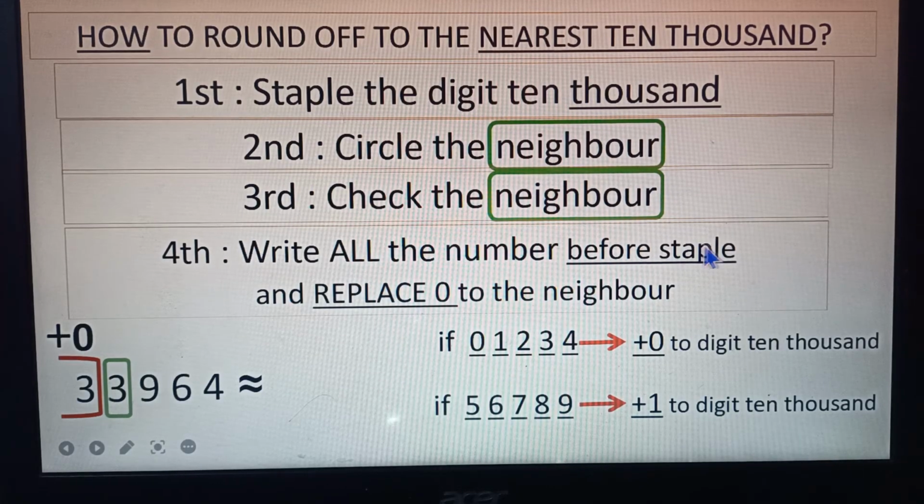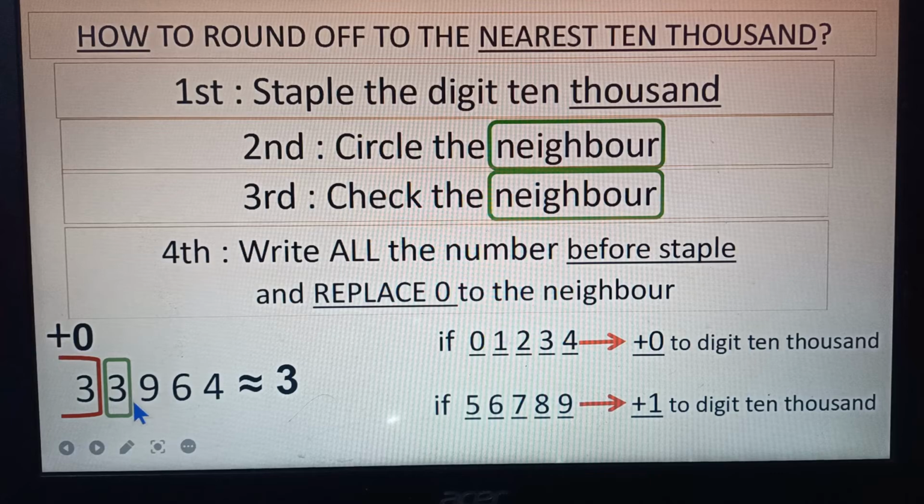Write all the number before staple. So, ini sebelum staple. So, we add dulu 0 plus 3 is 3. So, oleh kerana 3 sahaja yang arah staple itu, so you put 3 lah. Alright. And then replace 0 to the neighbor. Okay, macam biasa. Yang belakang staple-nya ni, cancel. We cancel all.